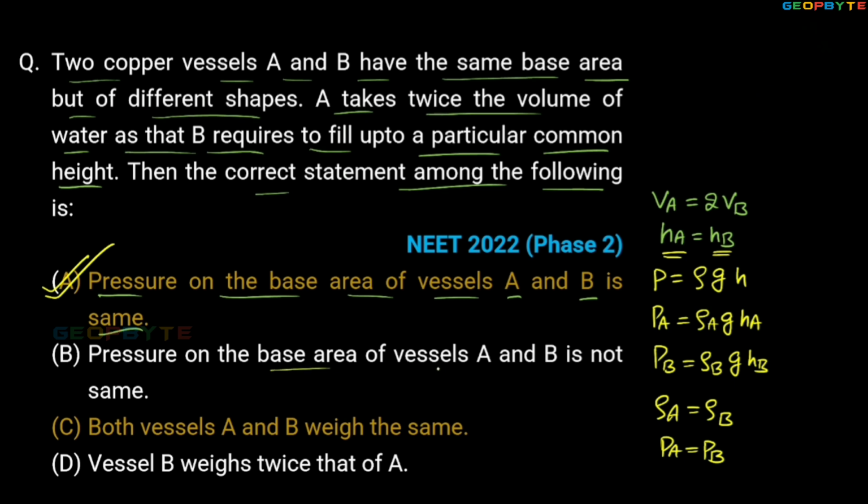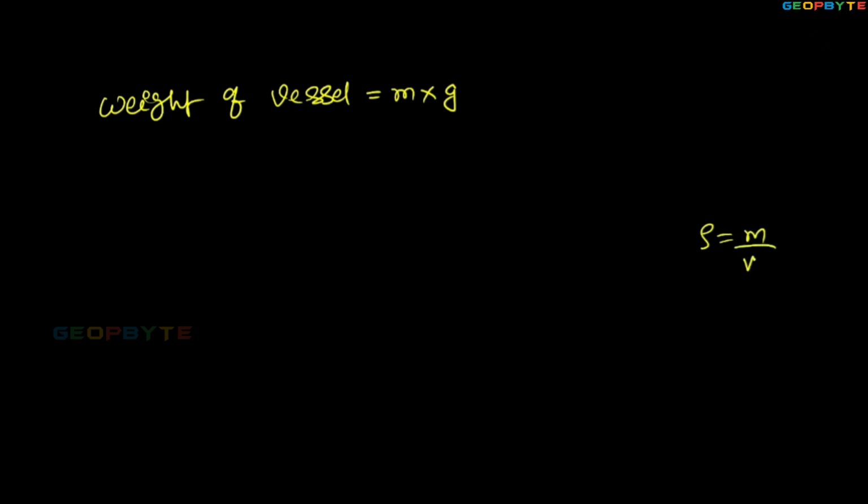Pressure on the base area of the vessels A and B not the same. No, not correct. Both vessels A and B weigh the same. No, both vessels are not weighing the same because weight equal to what? Weight of the vessel equal to mass of the vessel into g. You know, density rho equal to mass by volume. From this, mass equal to density multiplied by volume.